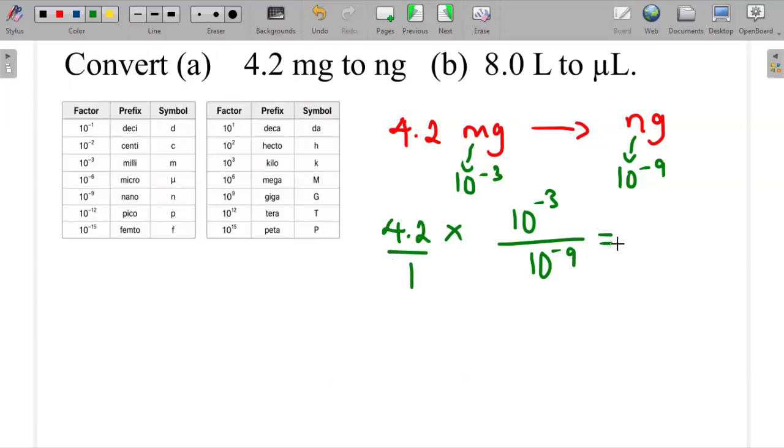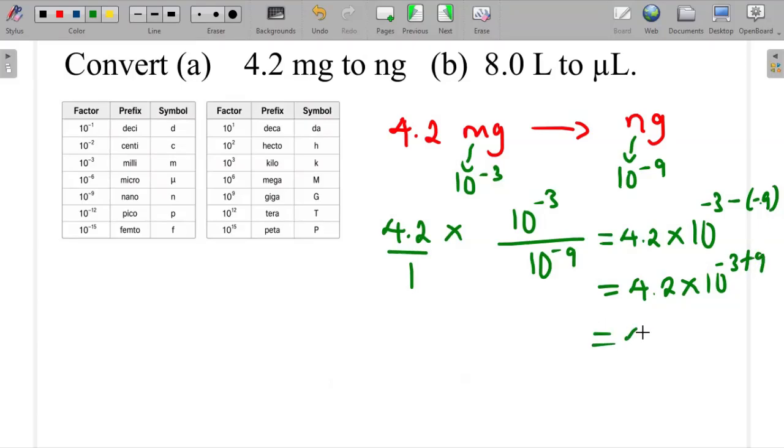So now this will just be equals to 4.2 times 10, because these are the same bases and they're dividing to be minus 3, and then minus, because they are dividing, and then the minus 9 there like that. So this will just be 4.2 multiplied by 10 to the power minus 3, negative the negative plus 9.